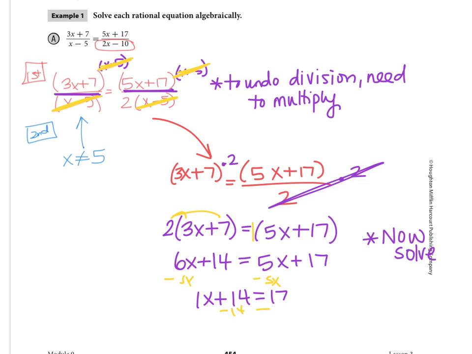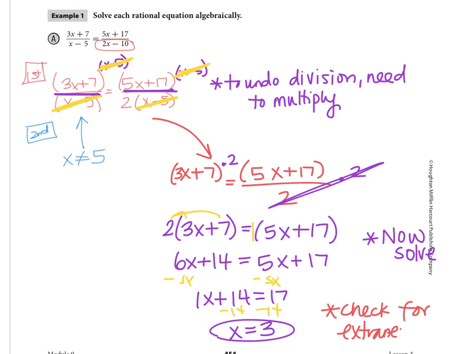Minus 14, which is going to give me x equals 3. And the only other thing that you need to do, so this is the last little star you're going to put on this example, you need to check for extraneous solutions.